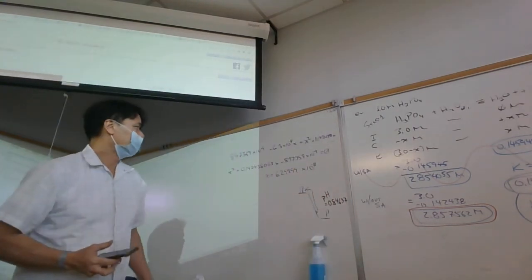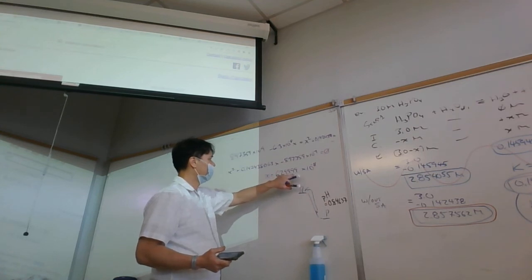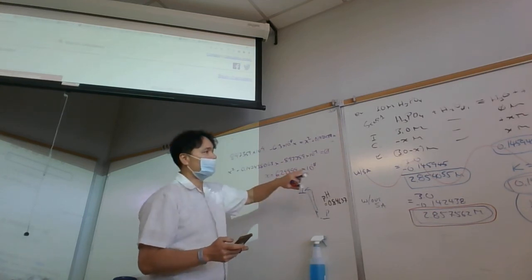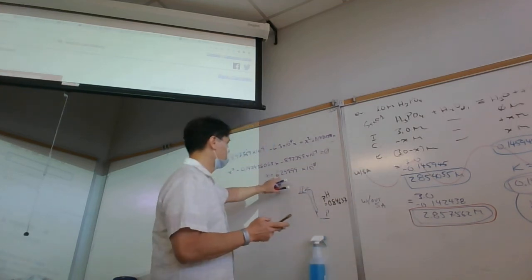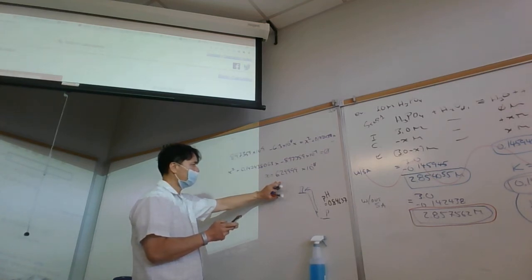The percent error would be the difference, 0.0000 quadruple 01, divided by the true value, 6.2999, times 100.